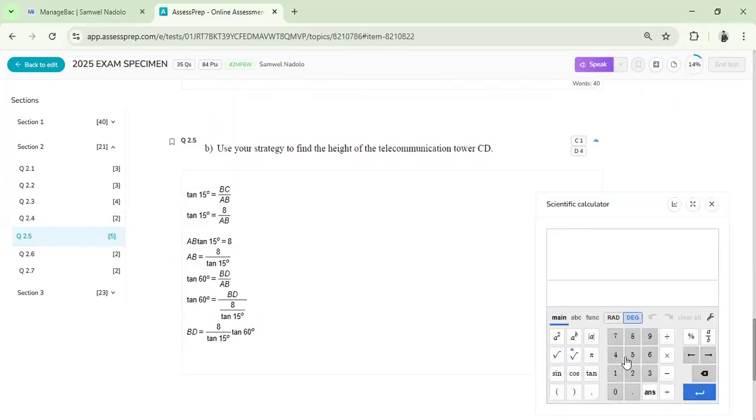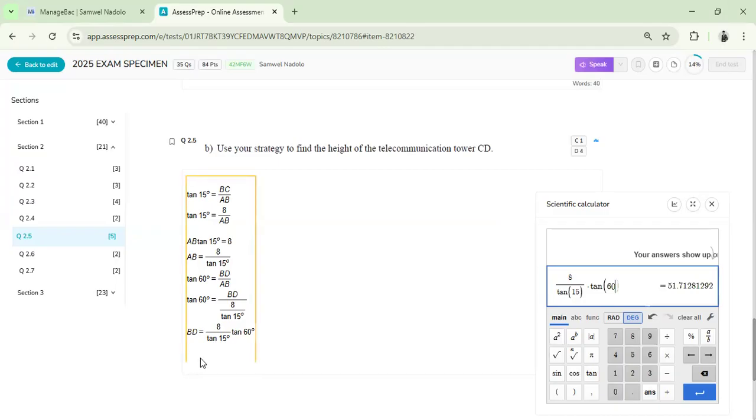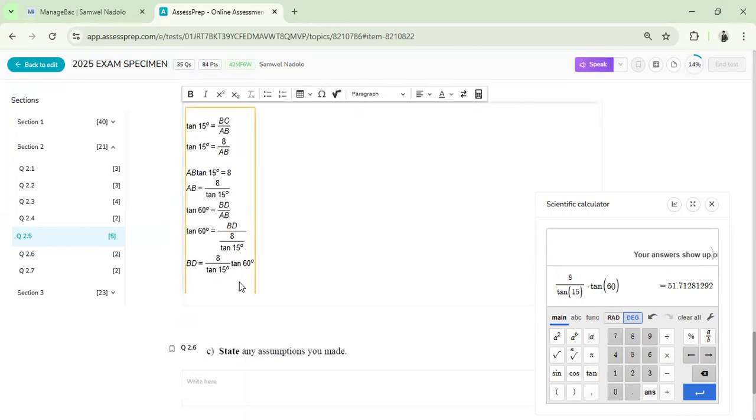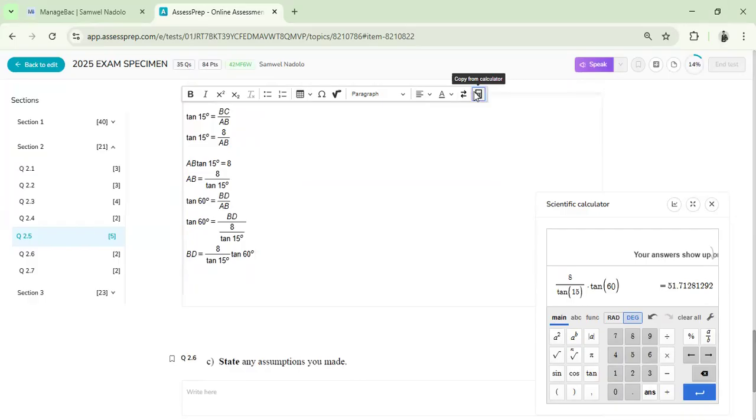I'm going to put the fraction 8 over tan 15, so press 8 over tan 15, then come back and close your bracket, then times tan 60. Then you click here, copy from calculator.